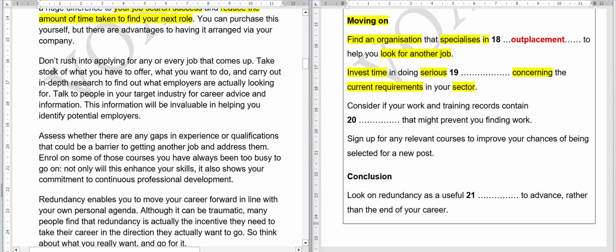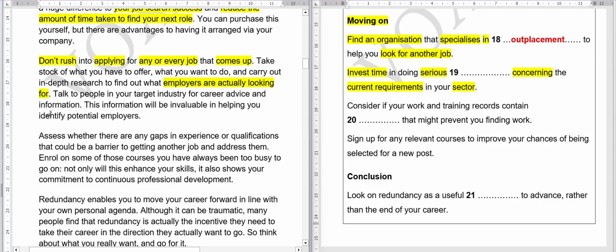All right. So they are saying that you should not rush into applying for any or every job that comes up. Comes up basically means that comes in front of you, or somebody is telling you about some job. Do not apply for every job that you become aware of. Take stock of what you have to offer, what you want to do, and carry out in depth research. You have to carry out in depth research to find out what employers are actually looking for.